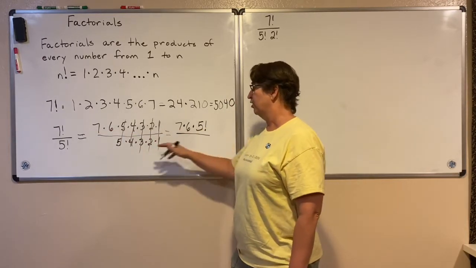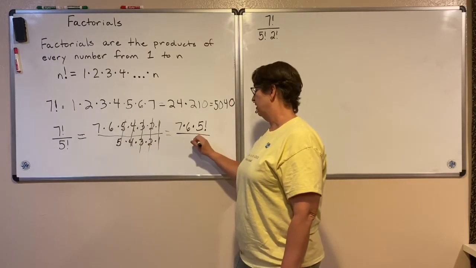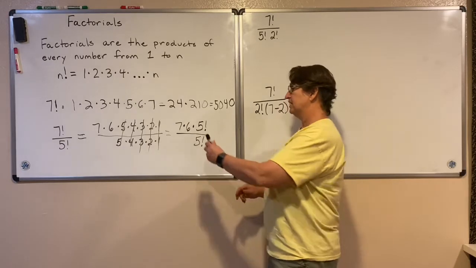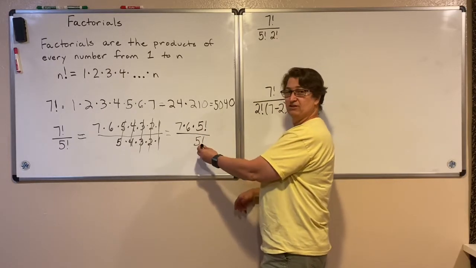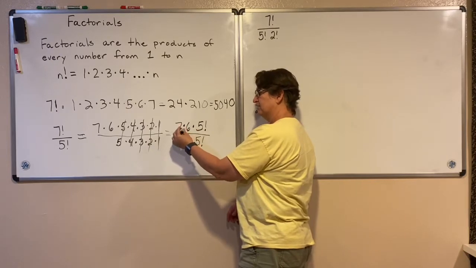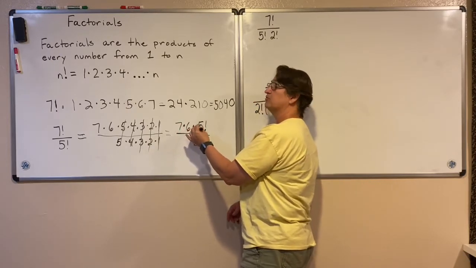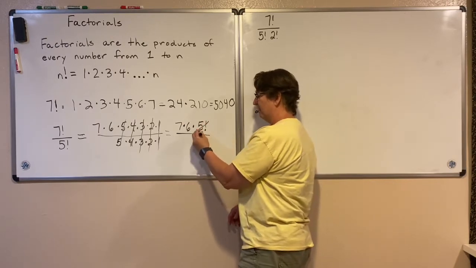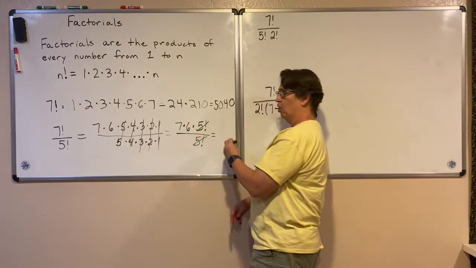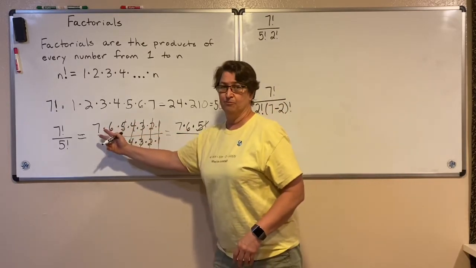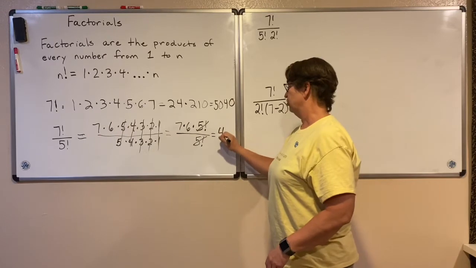Now, on the bottom, I don't have to write that out. I just have 5 factorial on the bottom. Notice it's the same thing on top as it is on bottom. So I could have just stopped. I could have written 7 times 6 times 5 factorial, and this 5 factorial divided by that 5 factorial becomes 1. So I have 7 times 6 either way, which gives me 42.